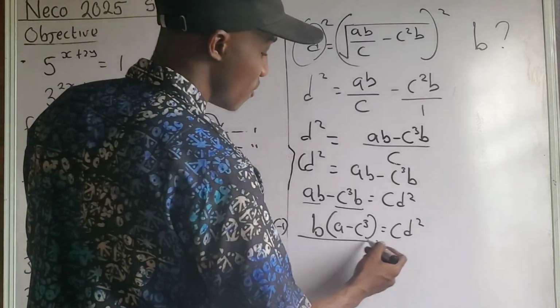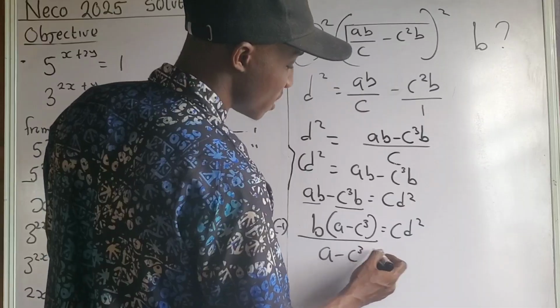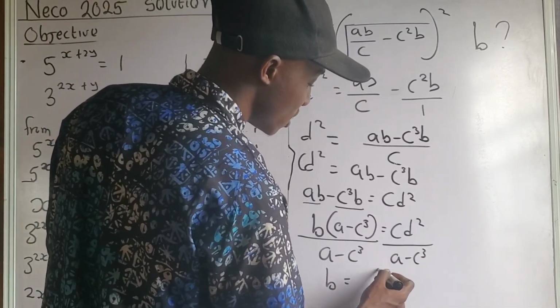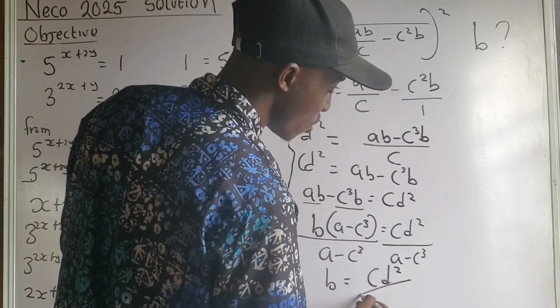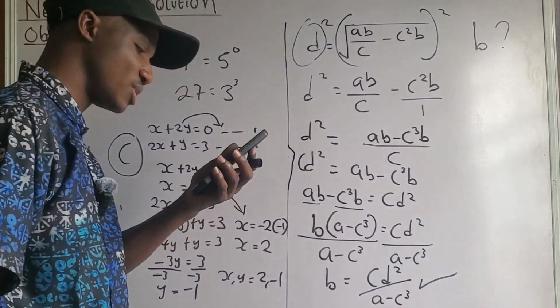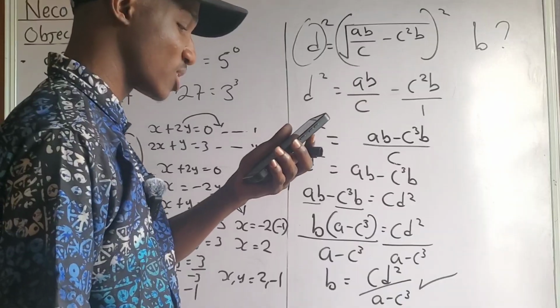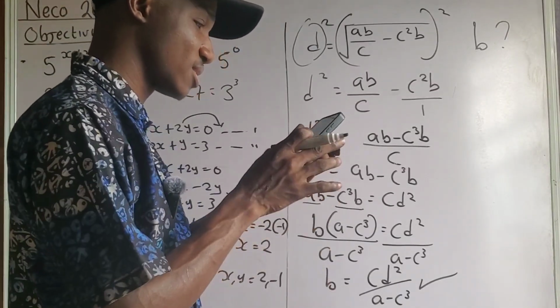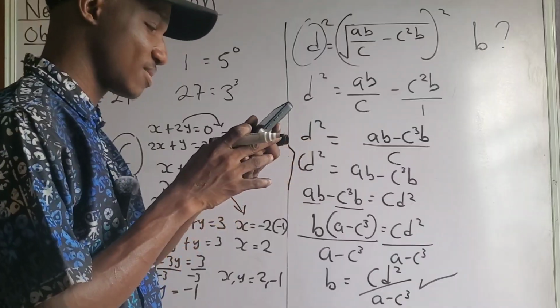To get the value of B, divide both sides by A minus C raised to the power of 3. B equals CD squared all over A minus C raised to the power of 3. Do you understand? So the correct option to that question is option A. Option A is correct. Do you get it?